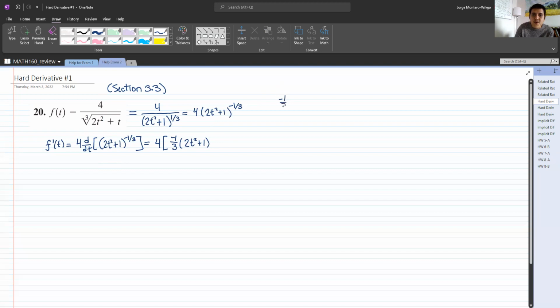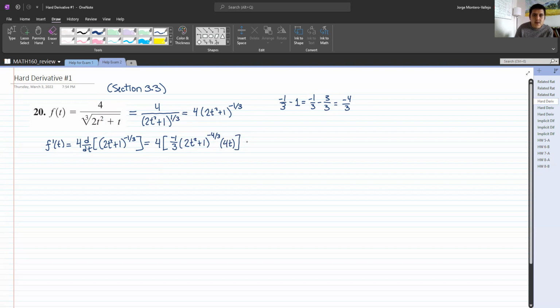That's the same as negative 1/3 minus 3/3, right? 3/3 is the same as 1. And then we get negative 4/3. So that's my new power. And then I need to multiply by the derivative of 2t squared plus t. Well, that would give us 4t plus 1, right? And then we close the brackets. We're done with that derivative.